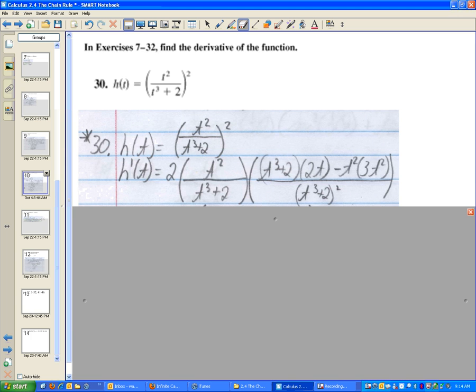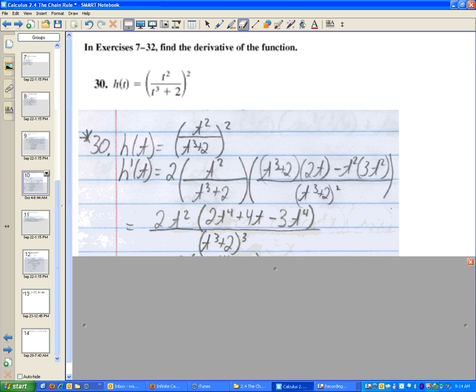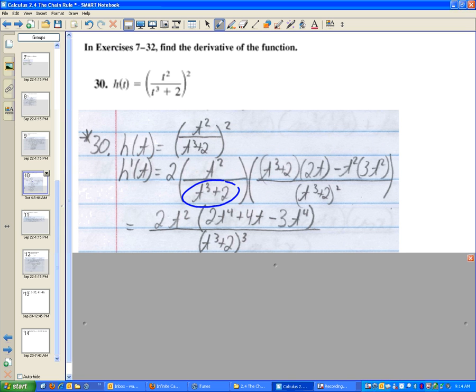All right, so here we are. Now we've got to simplify. Let's work with the denominator first because that's the easiest part. If I've got a t cubed plus 2 times a t cubed plus 2 quantity squared, I might as well call that a t cubed plus 2 quantity cubed.